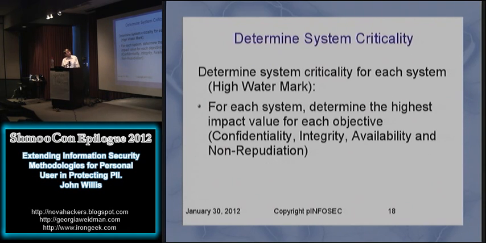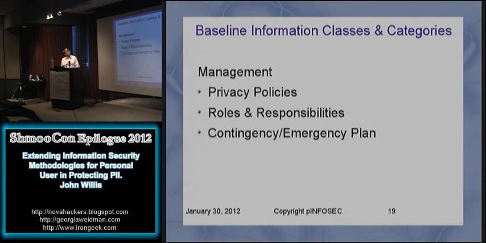And then for each location where you have different information assets, you define or derive the high water mark for that location of the information. The baseline information classes and categories we've tailored specifically for privacy.